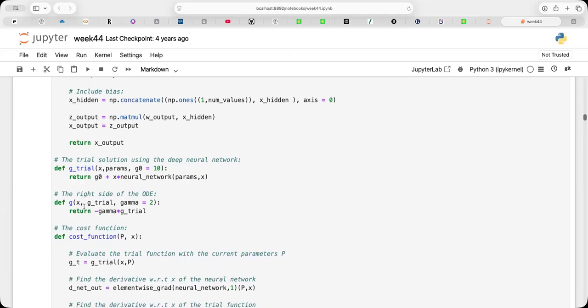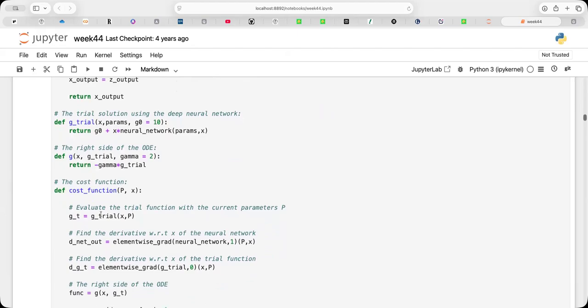Then we define the right-hand side of the differential equation, which is the trial function times minus gamma. So this is going to be the trial function which we have. This is the right-hand side. And then we define the cost function.